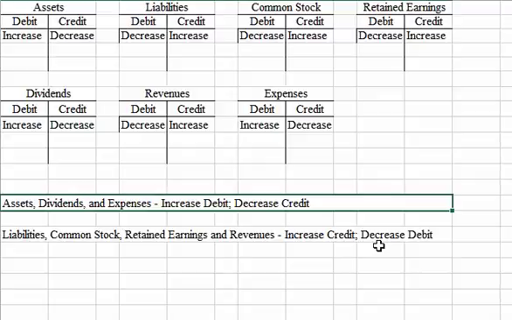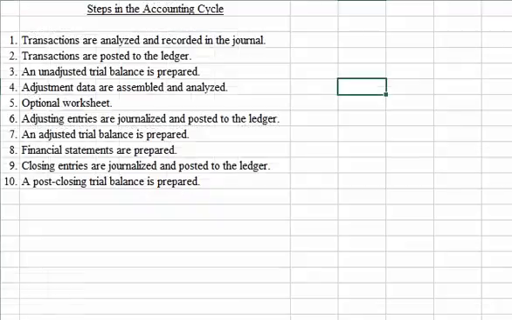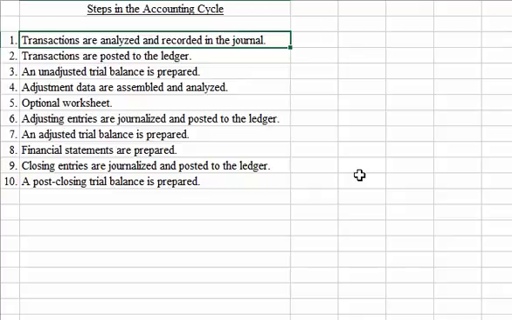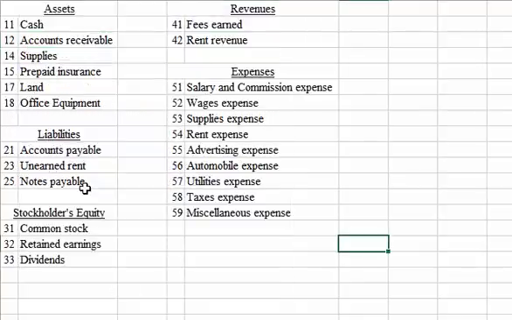Now you'll see soon how these are entered into the process. I'm not just asking you to memorize this to give you something to do. To be able to make journal entries, which is the first step in the accounting cycle, transactions are analyzed and recorded in the journal. To be able to make those, you first have to know, given an account, what type of account it is.